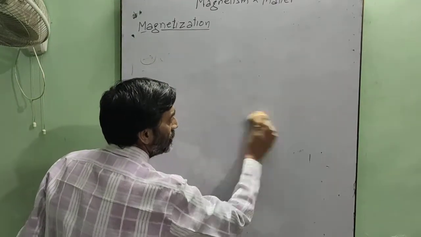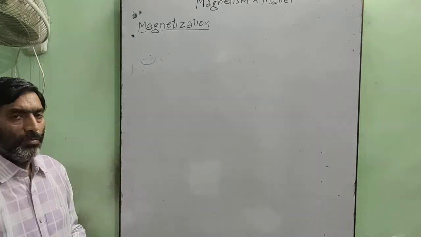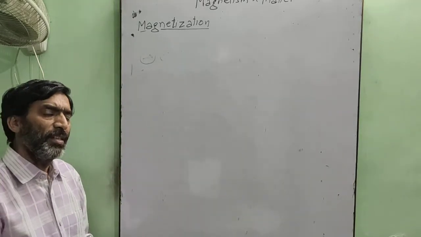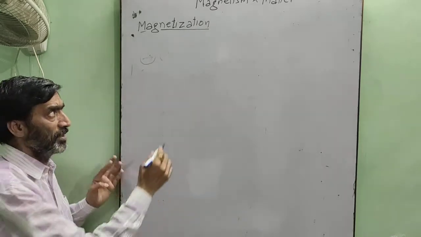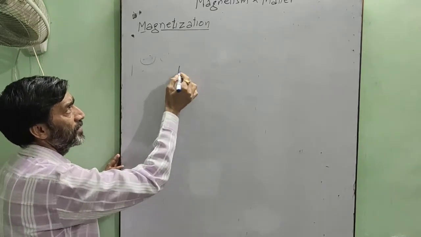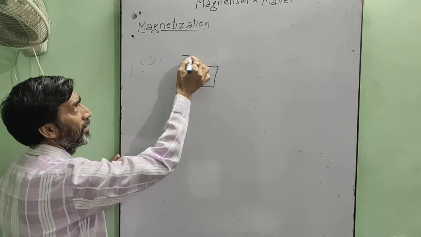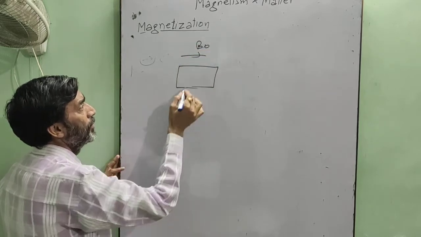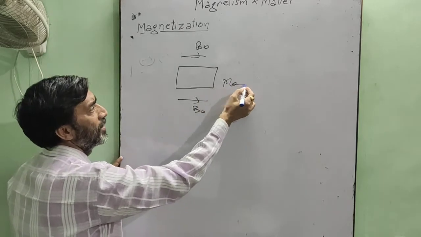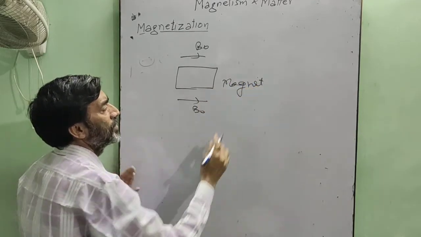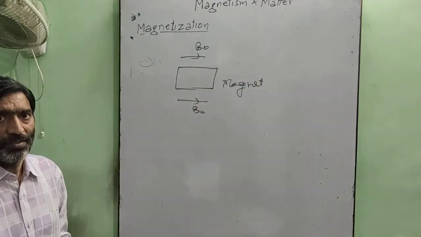Magnetization means when a magnetic substance is placed in an external magnetic field, it behaves like a magnet. Suppose this is a magnetic substance and we apply an external magnetic field, say B0. This becomes a magnet. This is called magnetization.